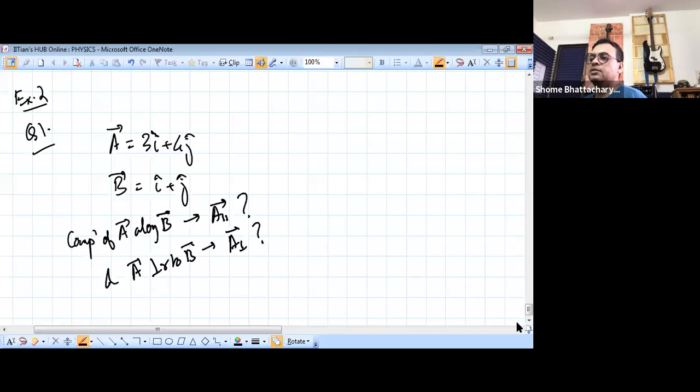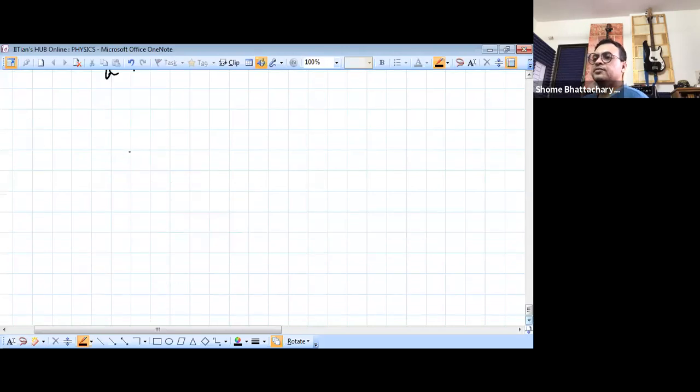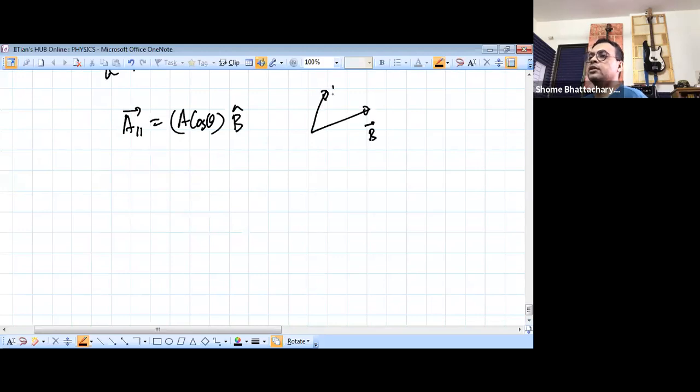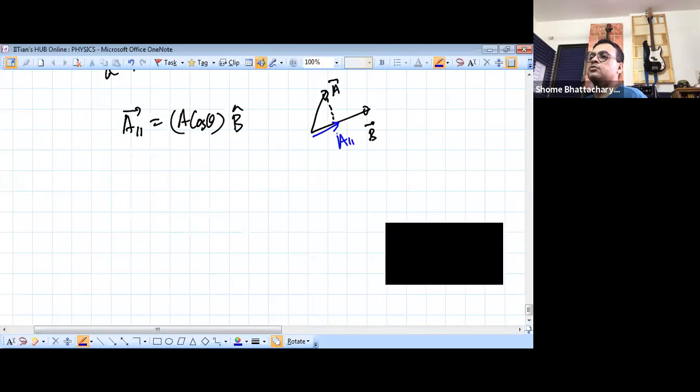So the same method we will apply now. Pay attention here. E parallel will become E cos theta into B cap this time, because we are finding the component of E along B and not B along E. This is the parallel component we are trying to find.